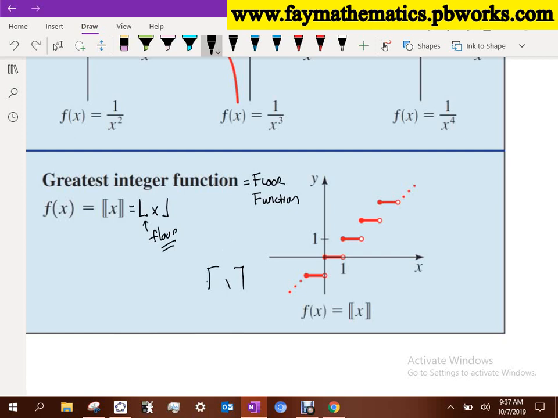What the greatest integer function or the floor function says, just using those as an example here, is if your input is anything fractional, you always round down to the last greatest integer. So if 0.8 is my input, what is the first integer on the number line to the left of 0.8?